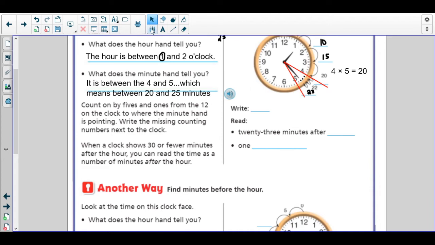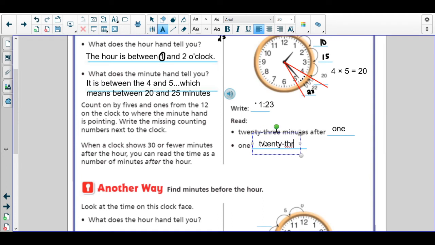So what do we have for the time? Well, it is 1:23, or we can say 23 minutes after 1. Or we could write it out and say 1:23.